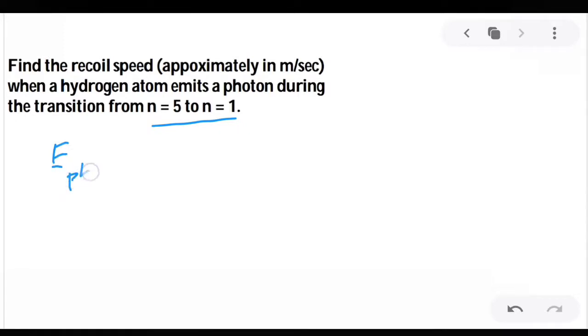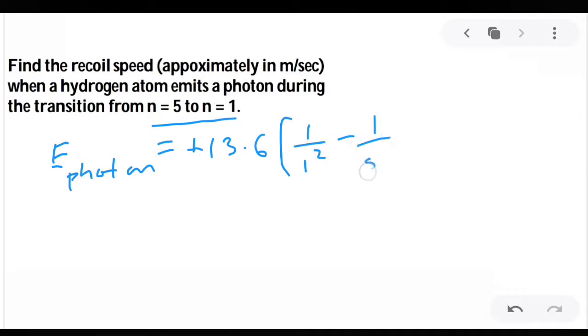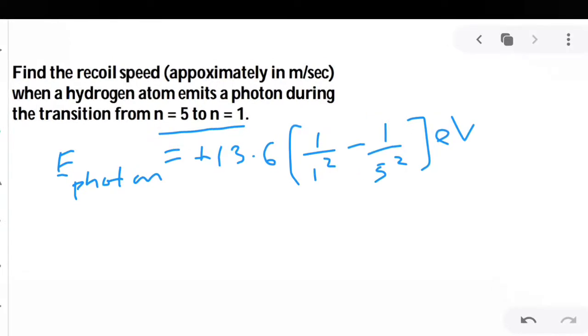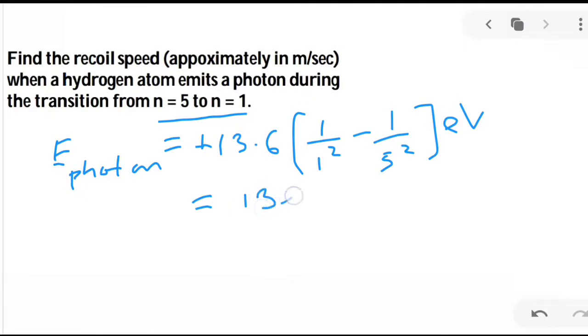It will be equal to plus 13.6 times 1 by 1 square minus 1 by 5 square electron volt. So this is equal to 13 electron volt.